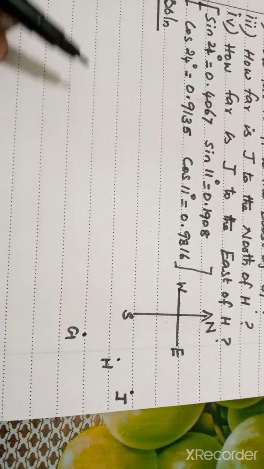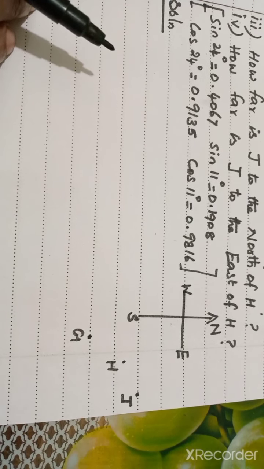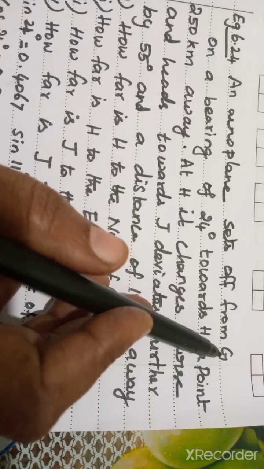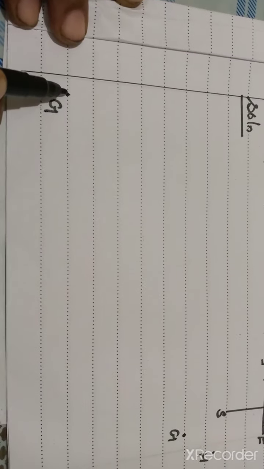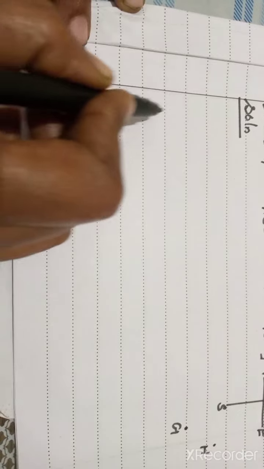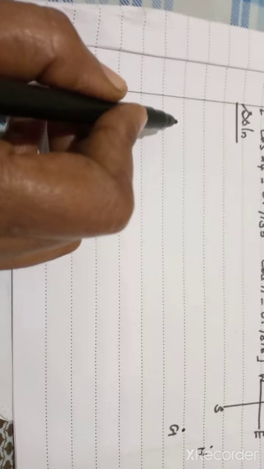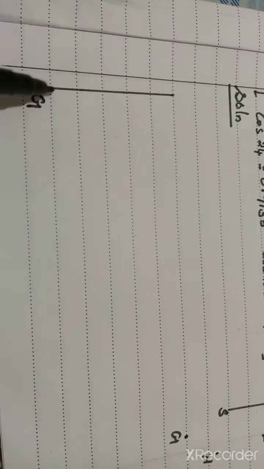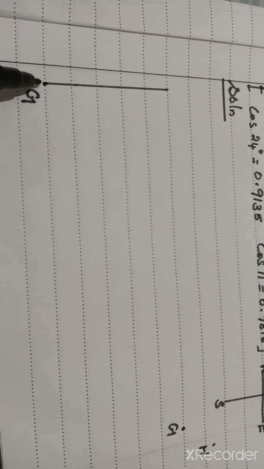Now let us draw the diagram, so you can understand easily. An aeroplane sets off from G. Let's mark the point G. It sets off from here, G. From here it should go straight, but it is not going straight.